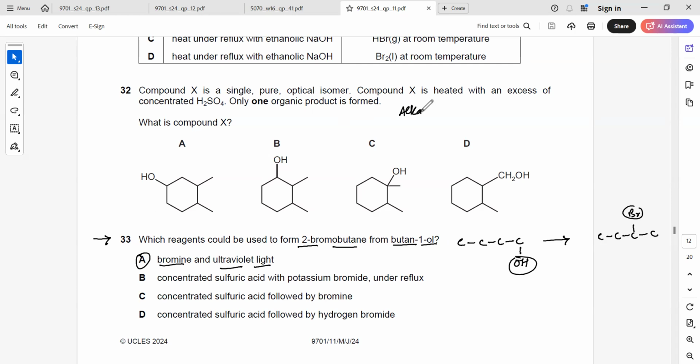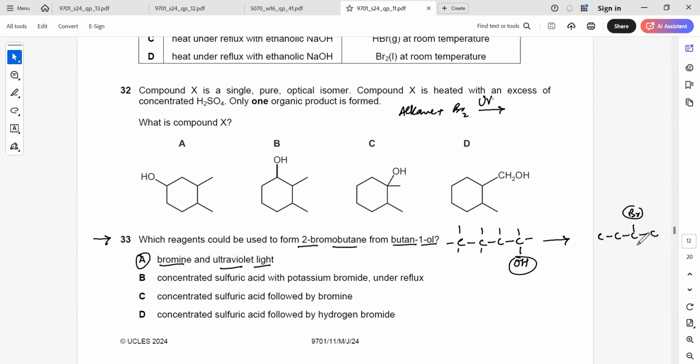Alkanes can undergo this free radical substitution reaction in the presence of ultraviolet light. So the bromine can be at any position here on the carbon atoms. The bromine can substitute the hydrogen atoms, but the OH group will be there.